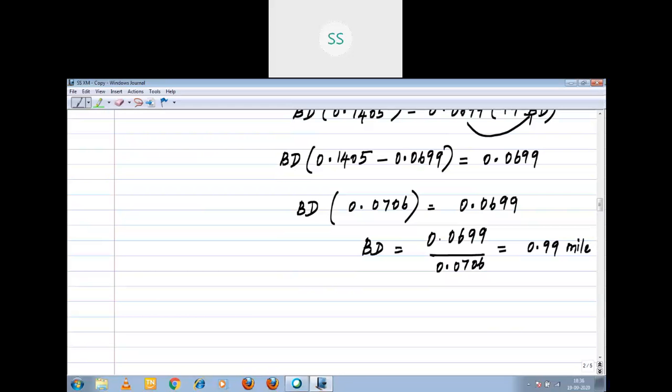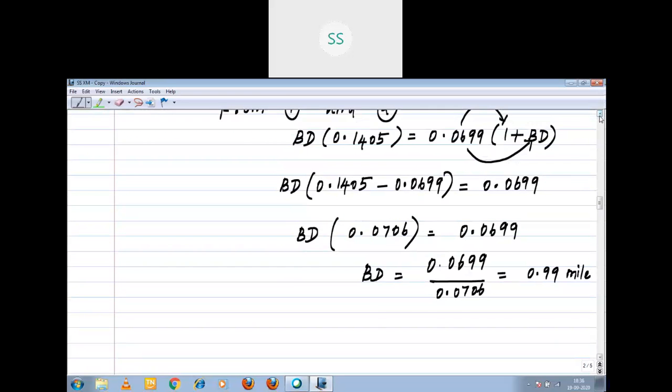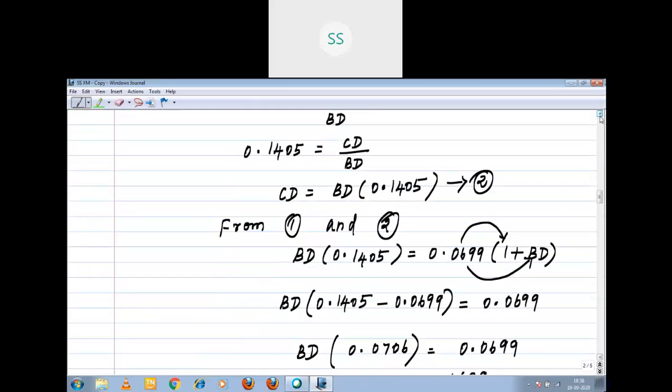You should do the division by multiplying both numerator and denominator by 10,000 to make it a whole number. Now BD you arrived at 0.99.